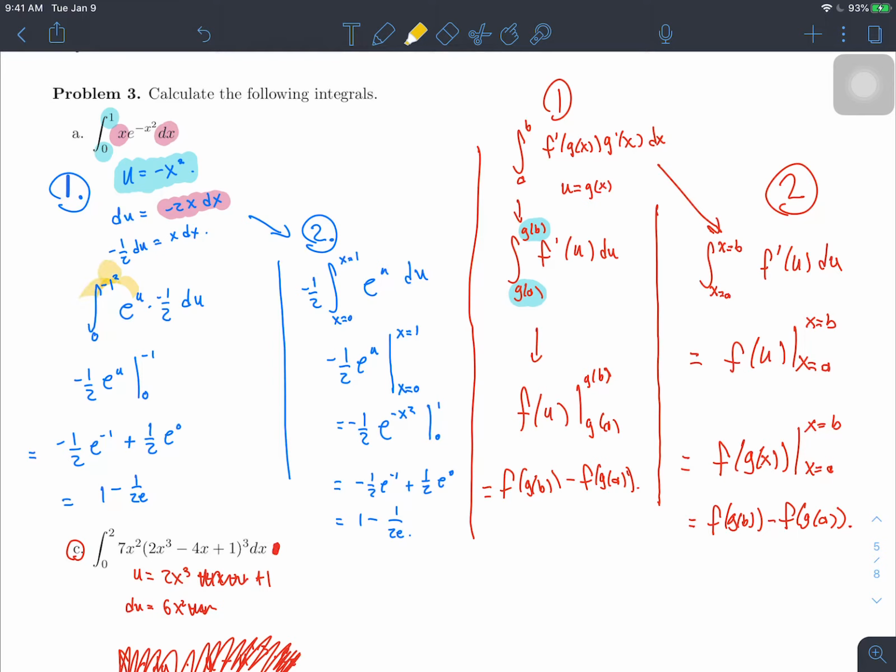I can't highlight here for some reason. Okay, well, right here was where we plugged our bounds into the function u equals negative x squared to get our new bounds. If the function u was extremely complicated or our numbers were really bad, it might be painful to do that plugging. But generally, these two methods are going to be more or less the same amount of work.